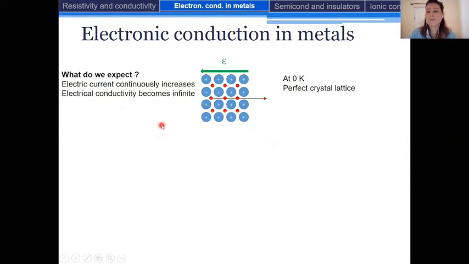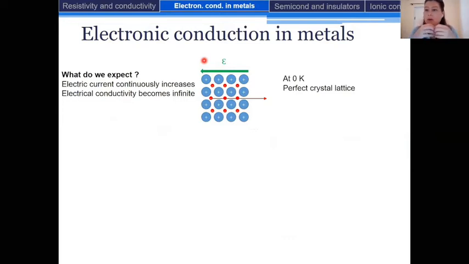And so now let's think about the movement of the electrons in the materials. If we consider these metals, the ionic cores are represented and the free electrons are represented in red, and we apply an electric field. So what do we expect to occur?